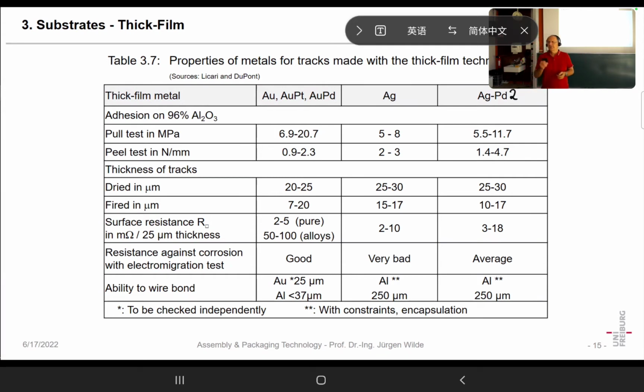And first of all, why don't we give the absolute resistance when we want to specify the properties of that metallization? So why don't we give the resistance, and why don't we give resistivity, but we give surface resistance, or I would think better surface resistivity? Why do we give that property, ohm per square?